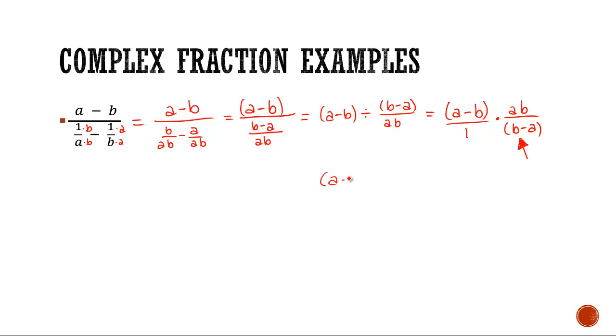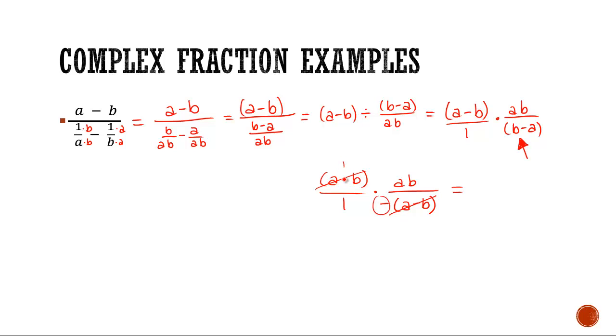So essentially we'll have A minus B over 1 times AB over negative bracket A minus B. And now these can cancel out, but don't forget your negative.